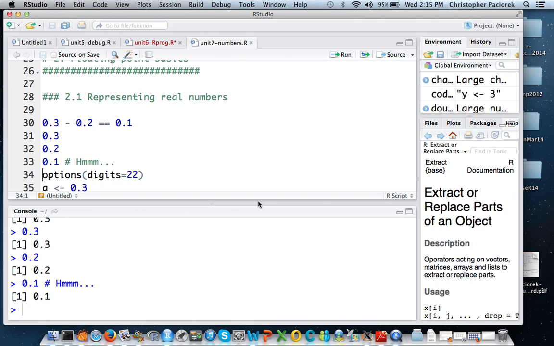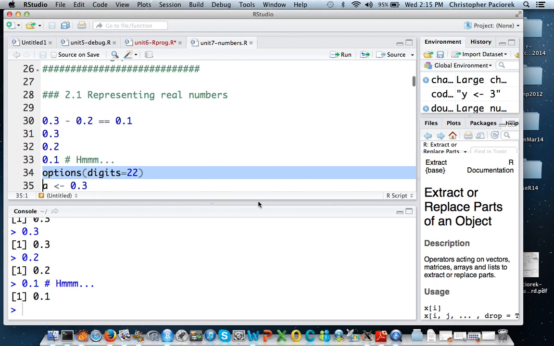Okay, so another thing that will help us probe this further is we can set an option in R to tell it to show us more digits for any decimal number we're working with. Maybe what's going on is that R is doing some rounding, but the number it's rounding to is not what it's actually storing and working with. In some sense that must be the case because we're getting this result here.